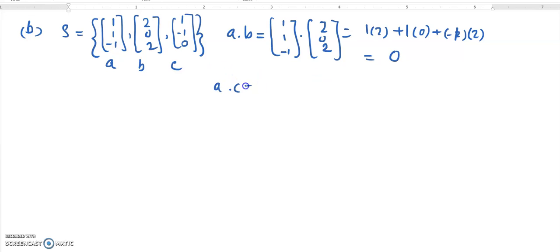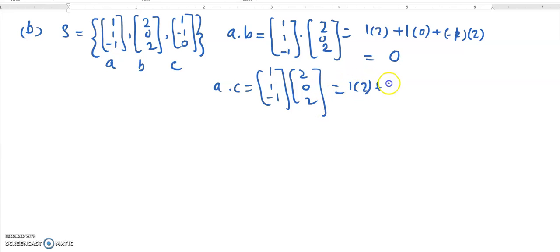A dot C: 1 1 minus 1 dot, it is not 2 0 2, it is 1 minus 1 0.